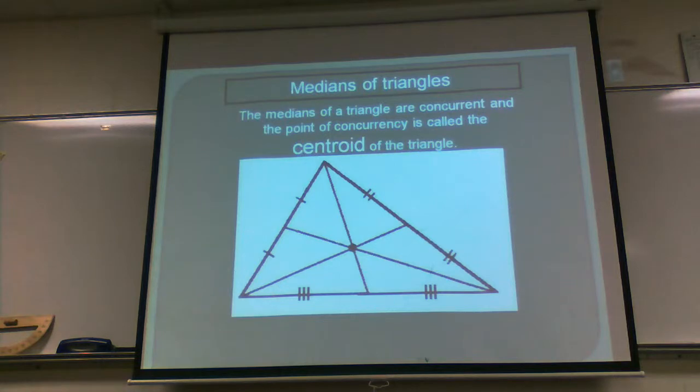So if you cut a triangle out in cardboard or a rigid surface, and you actually drew in all the medians, you could balance it on the tip of a pencil. That would be the actual center of mass, and that's where I would assume the name is coming from. So this might be referred to as the balancing point, the same thing as the centroid.